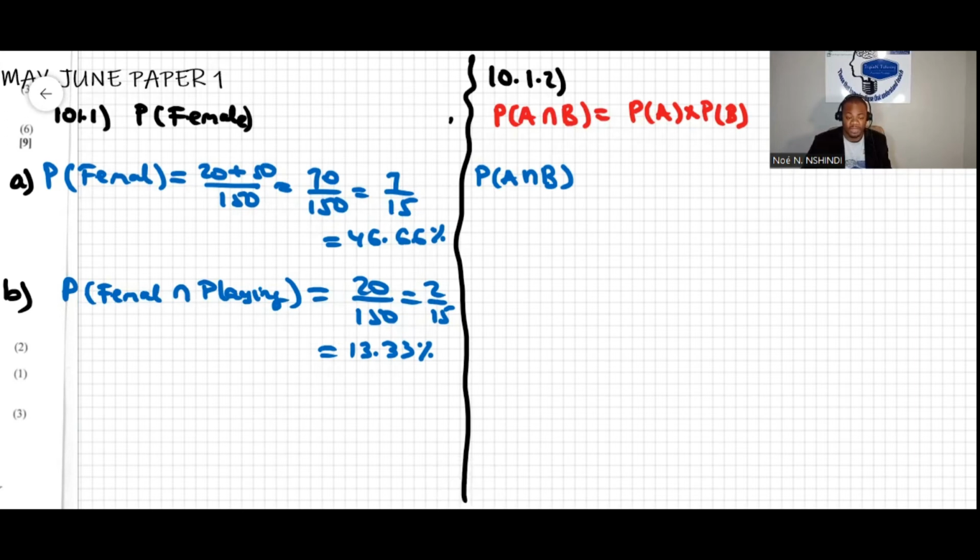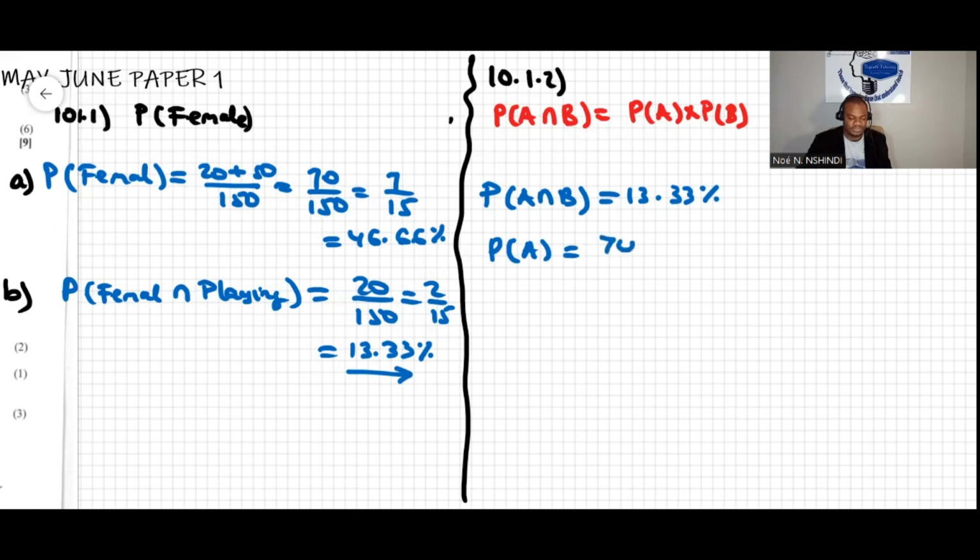For female playing tennis, the probability was 13.33%, which we got over here. Now, the probability of female in this survey is 46.66%.